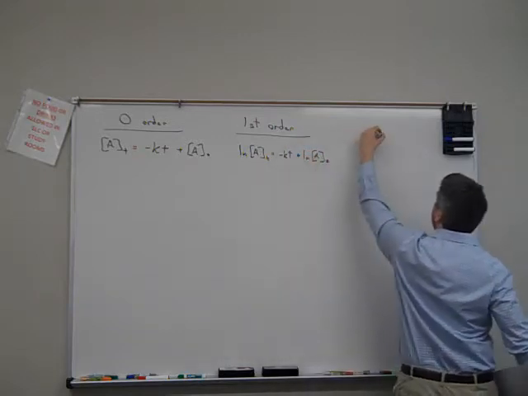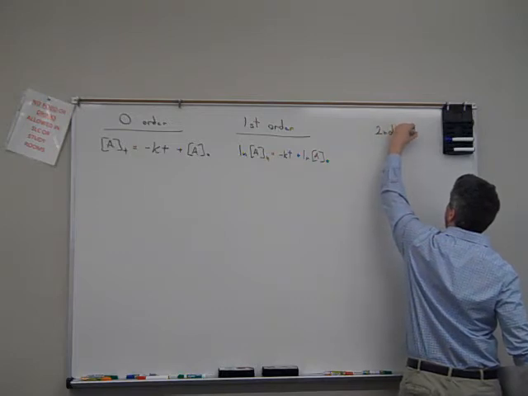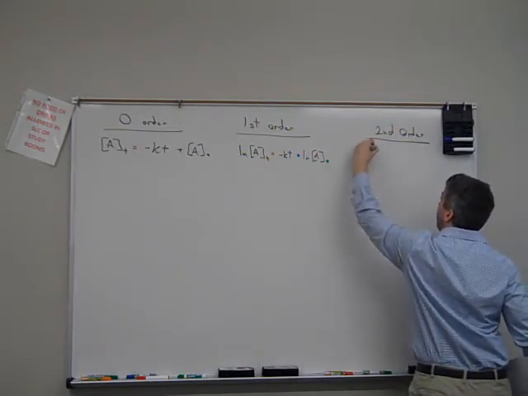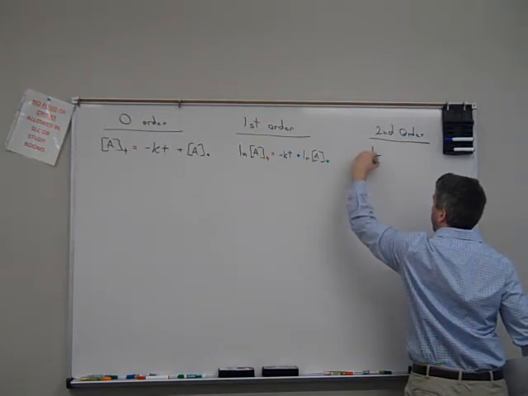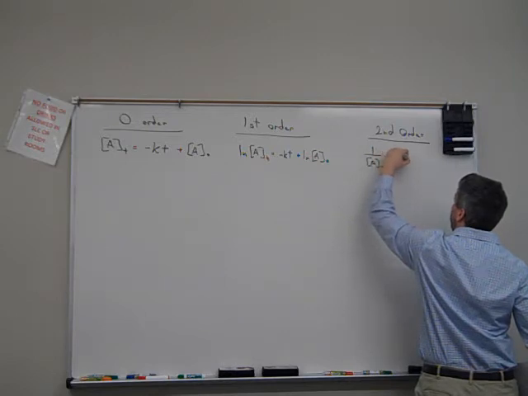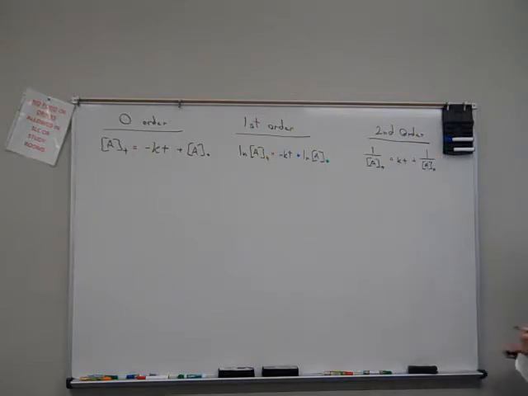And then you have the second order integrated rate law, which is 1 over A at time t is equal to positive kt plus 1 over A initial.